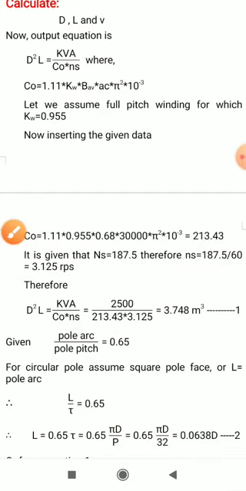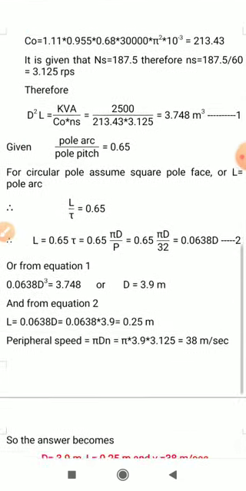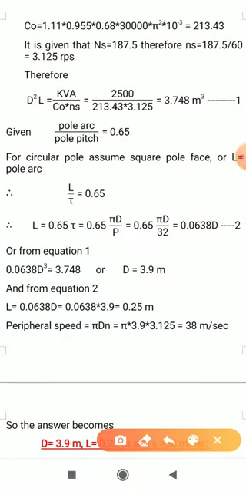Now the next step is to separate the D and L from the product D square L, and it is given a constraint for separating the main dimensions as the pole arc to the pole pitch ratio is 0.65, where it is also given the pole is a circular pole. In the previous lecture I have already told that for a circular or round pole, if we assume the square pole face, then the L is equal to pole arc.